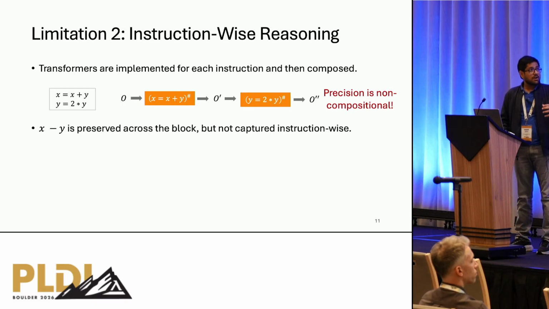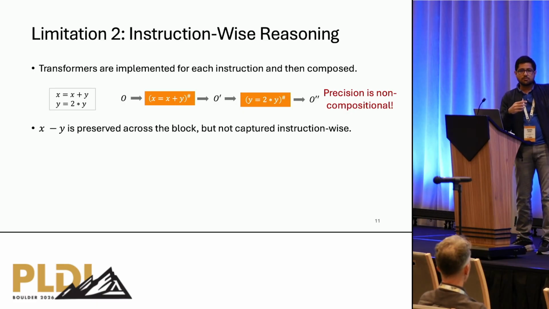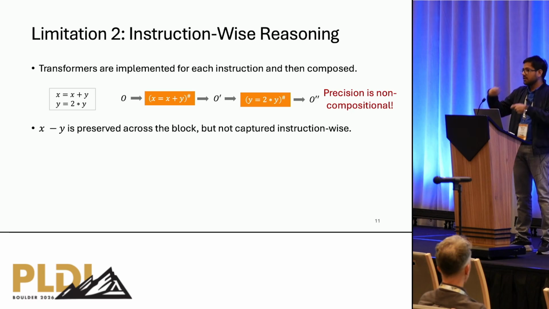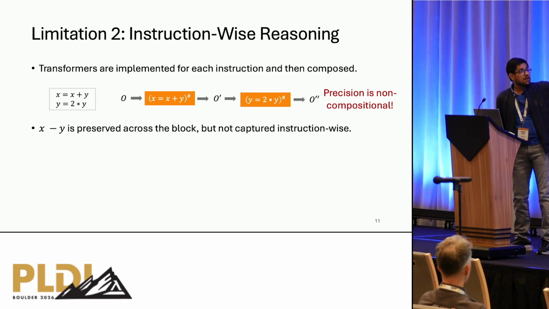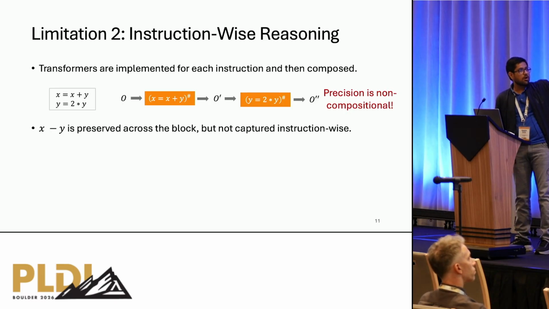But it is a known fact that precision is non-compositional. So even if both those transformers are as precise as possible, the final result may not be the most precise. For instance, this block preserves the difference x minus y. In this block, x and y are both updated by y. But if you interpret it one instruction at a time, we don't see this captured.